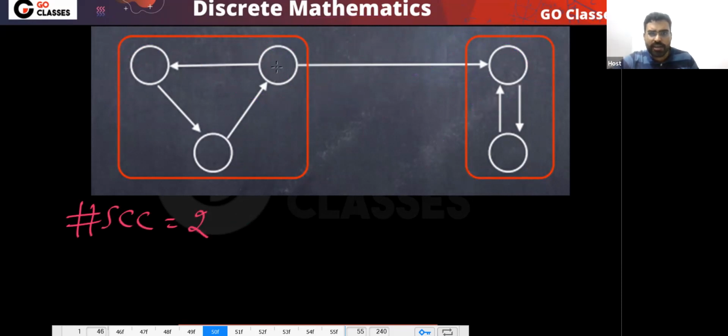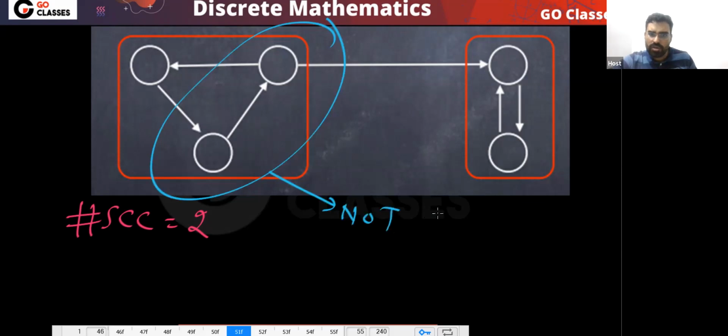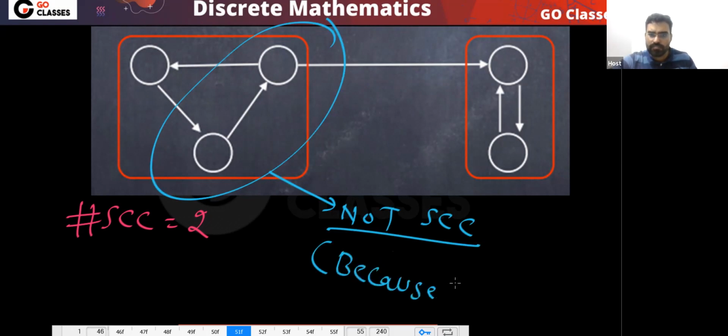Is this a strongly connected component? No, a strongly connected component is maximal. Remember, this is not a strongly connected component because it is not maximal.